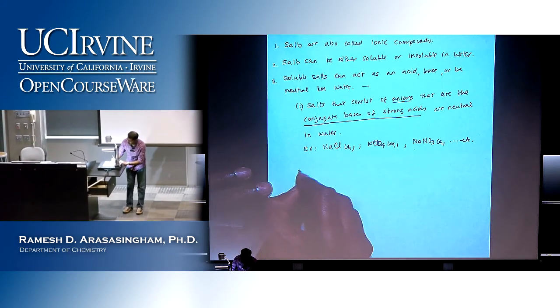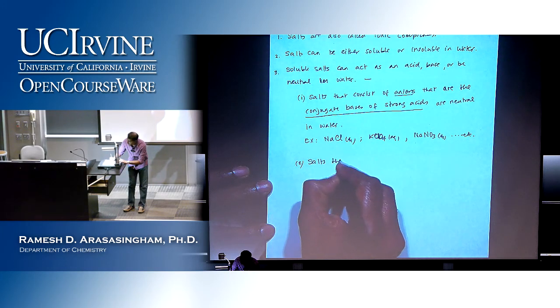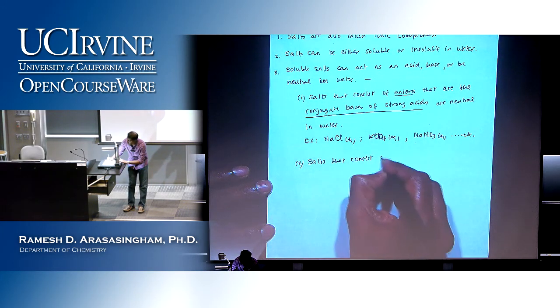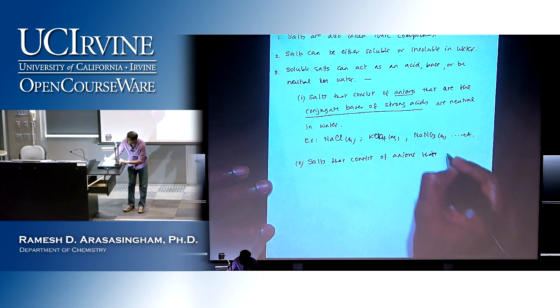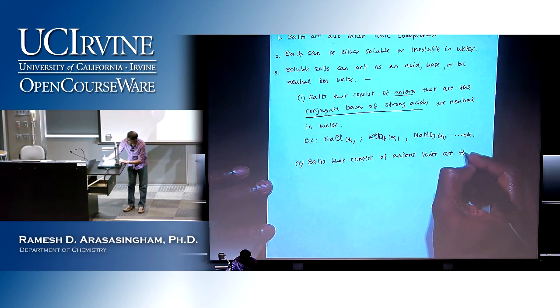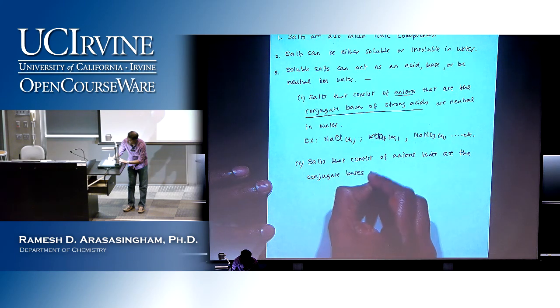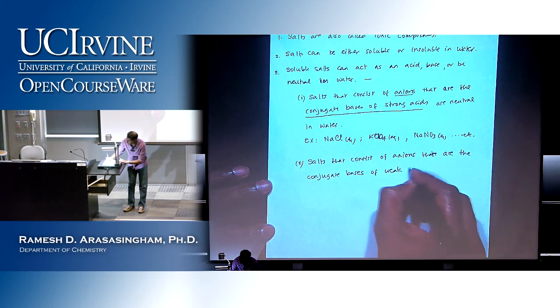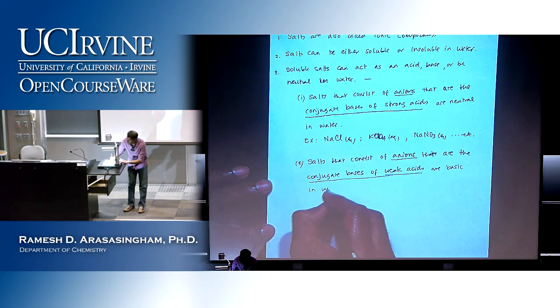Now, if you take the second group of salts, those that consist of anions that are the conjugate bases of weak acids, so we're looking at conjugate bases of weak acids, and these anions are basic in water.